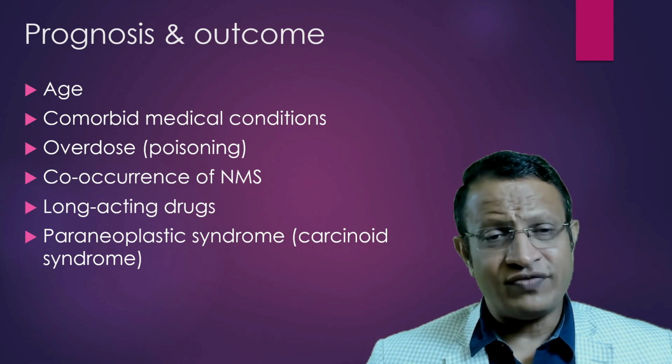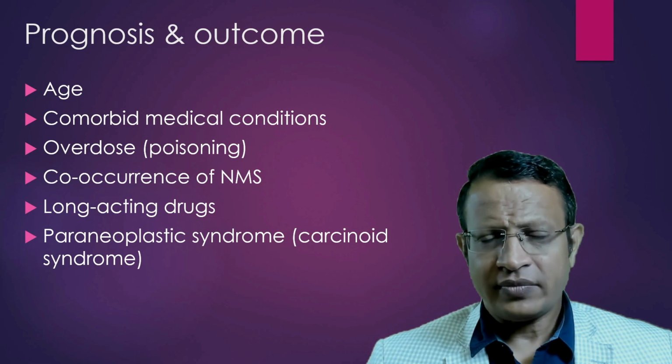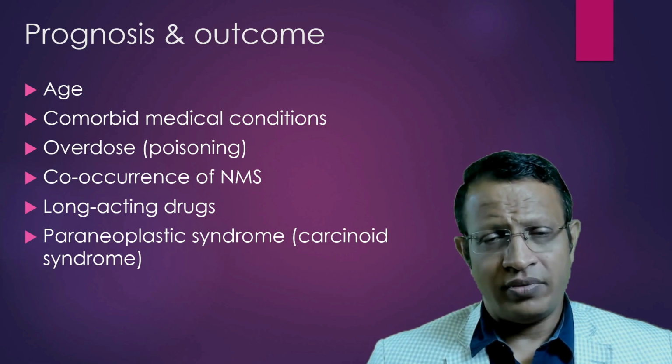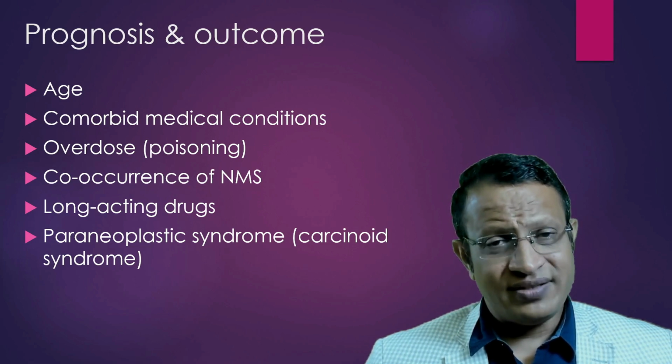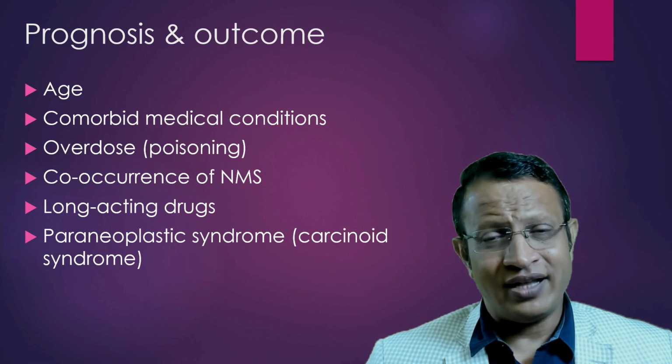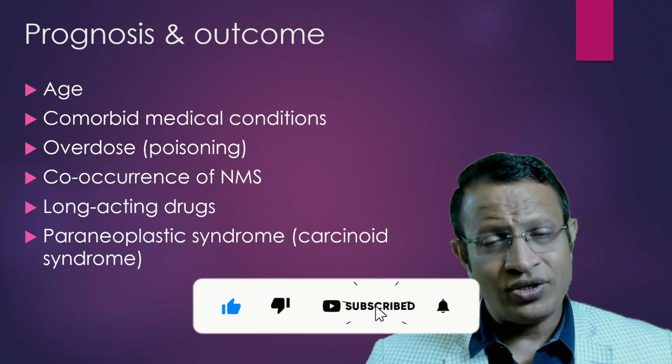Long-acting drugs such as fluoxetine, with other drugs, can potentially induce serotonin syndrome. Further, in rare conditions like paraneoplastic syndrome and carcinoid syndrome, you need to identify that. Otherwise, the patient will have serotonin syndrome very often, and it will be very challenging for the psychiatrist to treat.